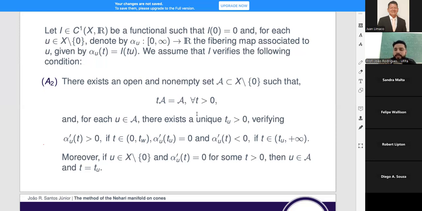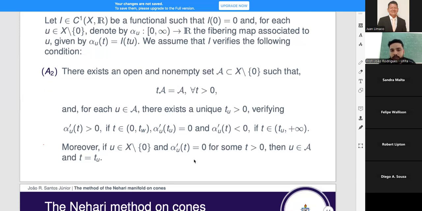We are requesting the existence of a unique global maximum point for the fiber. And if u does not belong to this set, the fiber has no critical point. So under this assumption, we were able to prove the existence of a homeomorphism between the Nehari set and the C1 manifold.